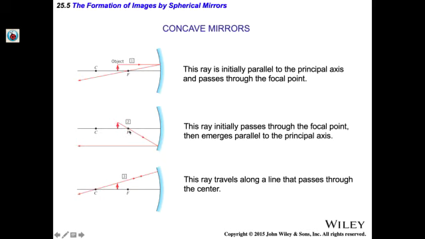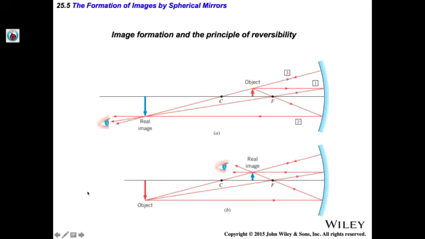This goes straight in, and any ray that initially passes through the focal point reflects back like this. And any ray that emanates from the center of curvature reflects back like this.